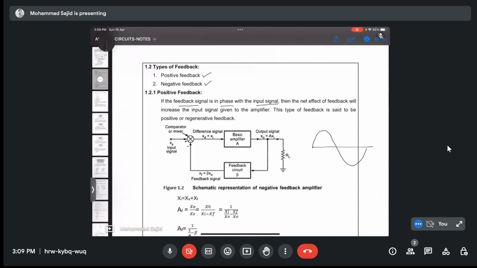If this is my input signal and the feedback signal also follows the same waveform, then it is in phase, right? So the net effect of feedback will increase the input signal. You have to add this, so it will get amplified. This type of feedback is said to be positive or regenerative feedback, right?